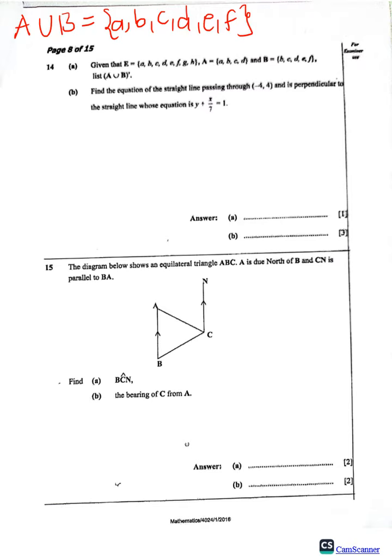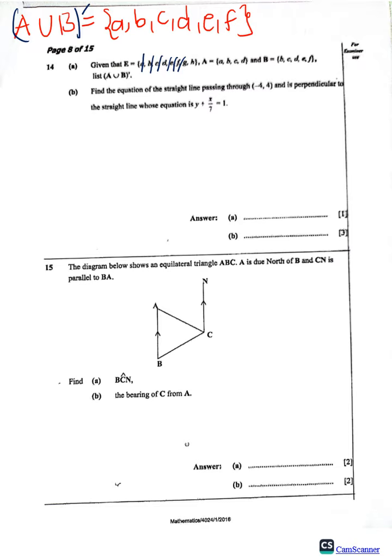Now from there we can go back and consider the complement. The complement simply means that we need to exclude the elements of A union B from the universal set. So let's cancel. From the A union B, A can be removed, B, C, D is there, E, F also is there.